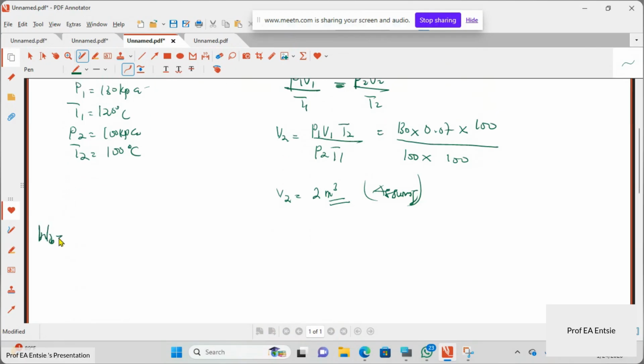Boundary work done for the polytropic process is P2 V2 minus P1 V1 out of 1 minus n.